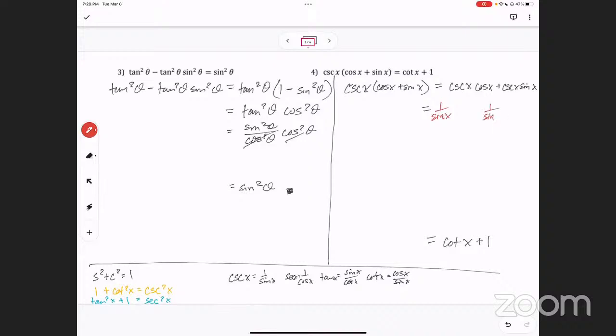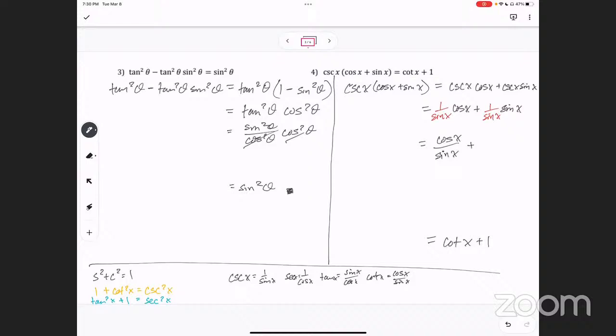I'm trying to do my changes in red so you can see it. So there's cosine plus sine. So I replaced cosecant with 1 over sine. Now what? One of the sines cancels out. And what do you get?